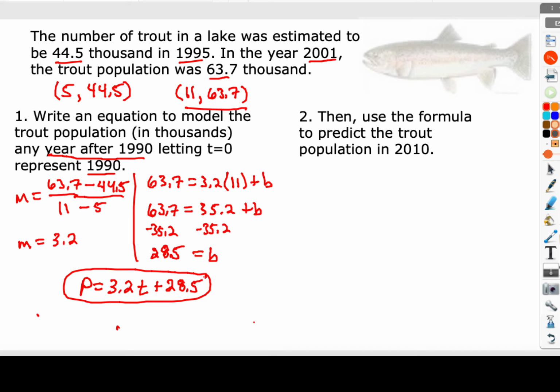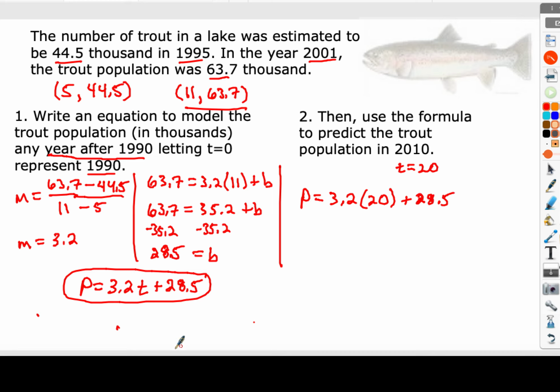So if we want to know 2010, 2010 would be 20 years later, right? This is t equals 20. So let's go ahead and punch that number in there. 3.2 times 20 plus 28.5.